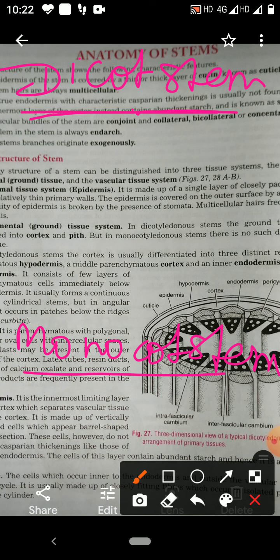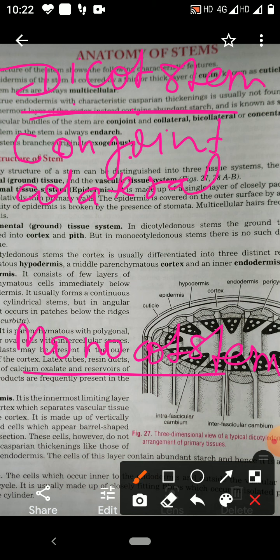But in the monocot, it is not differentiated. In the dicot, vascular bundles are conjoint, collateral, endarch and open. Open means cambium is present between the xylem and phloem.